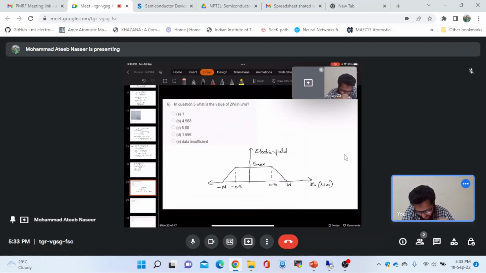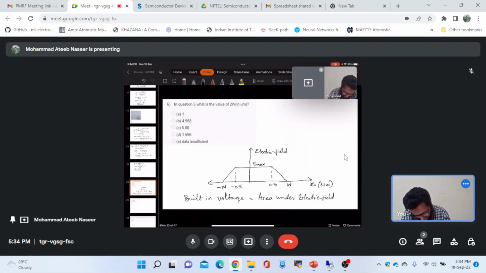So now let me write it down like this. Built-in voltage is equal to area under electric field.